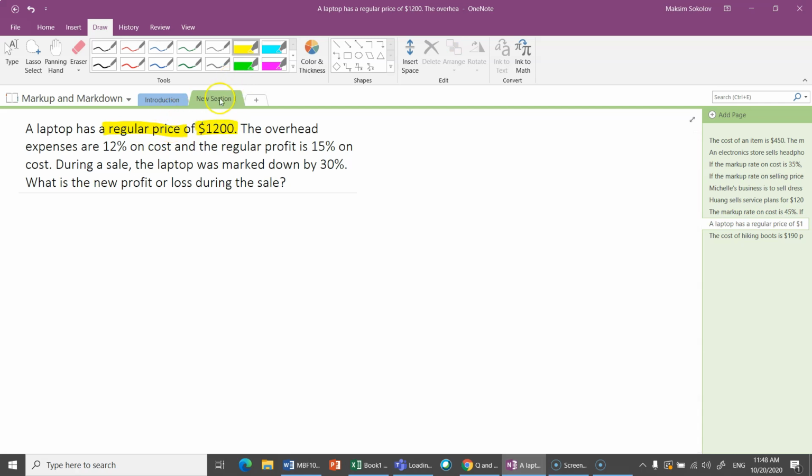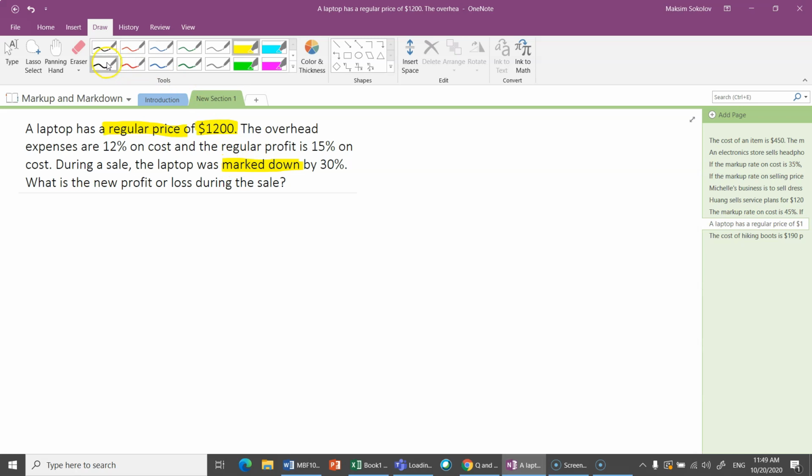But also pay attention that the laptop will be marked down and will have a reduced selling price during the markdown. And markdown is simply a reduced selling price. Marked down price is a reduced selling price. We'll talk about that when the time comes.